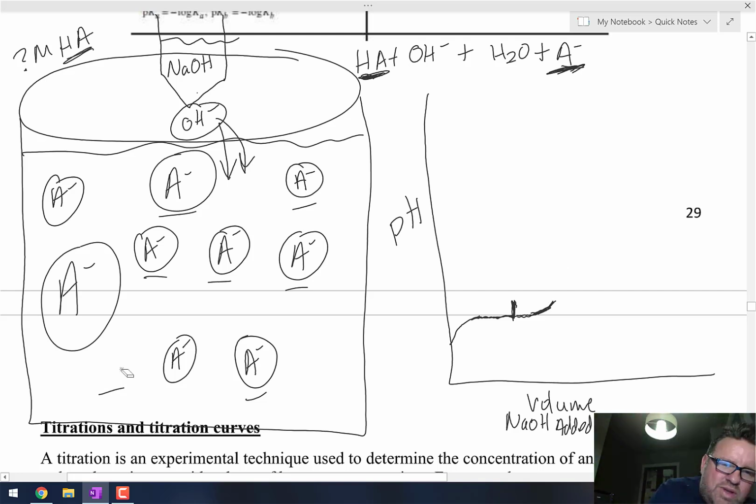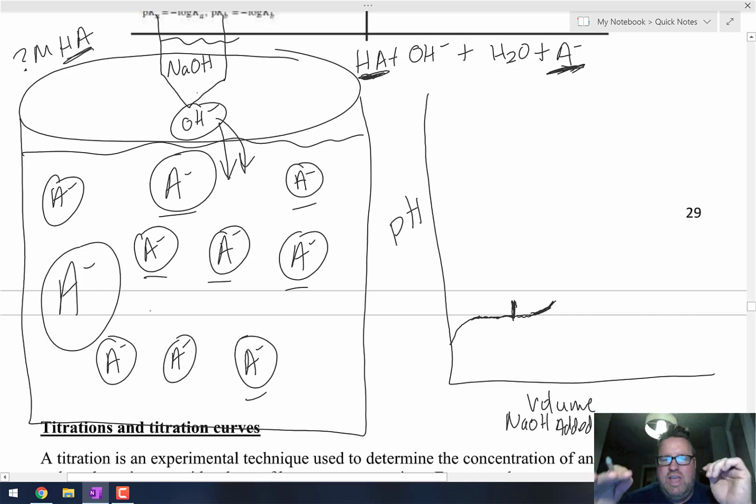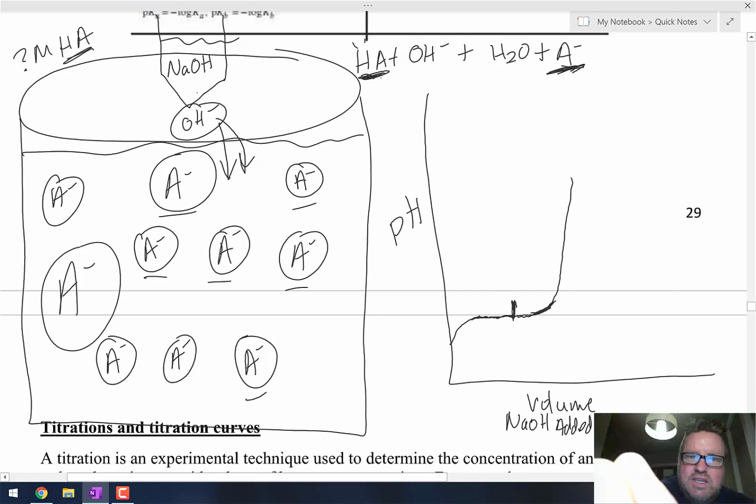And then when you get to that point where all of the acid particles are gone, you see a very quick and very fast rise in the pH. Okay, and it looks like this. Because now all the acid is completely gone. There's no acid left.